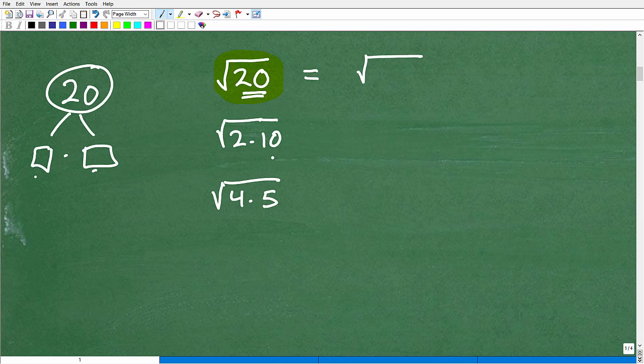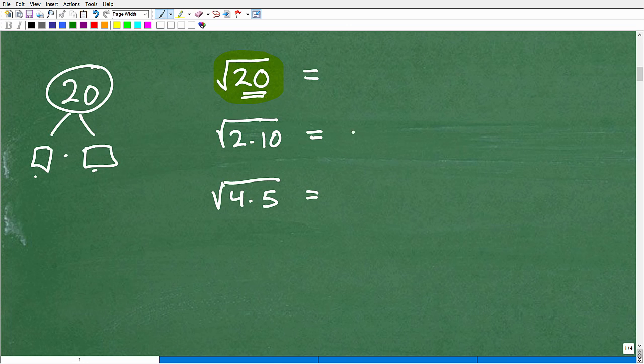So here's the thing. There's a property of square roots that allows us to break up the factors into individual square roots. For example, the square root of 20 I can write as the square root of 2 times 10, or the square root of 4 times 5.